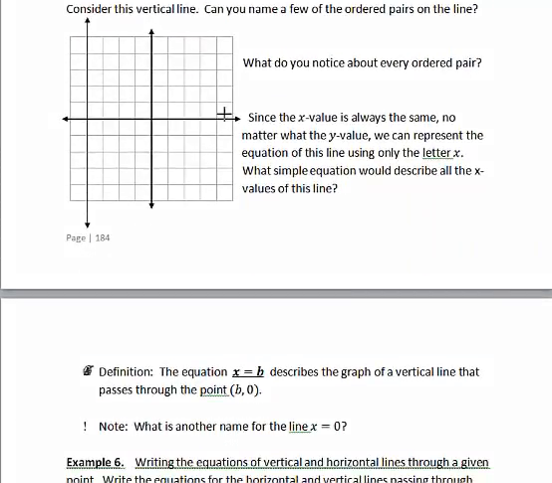So now we consider a vertical line. If we just pick a few points here, I'll label these 1, 2, and 3. Point 1, well, if we start at the origin and we count to the left 1, 2, 3, 4, that gives us a -4 for the x-intercept.